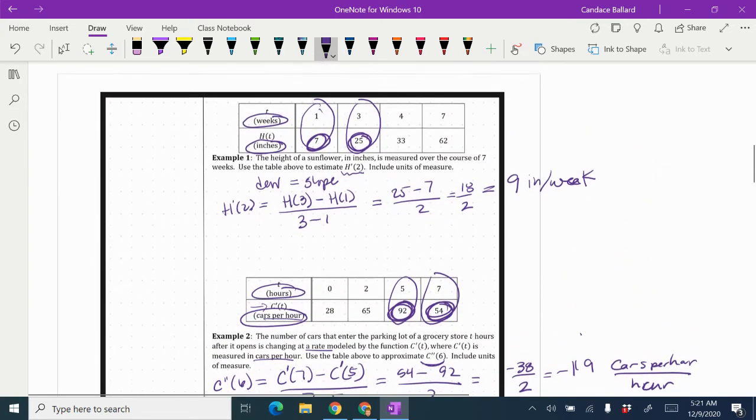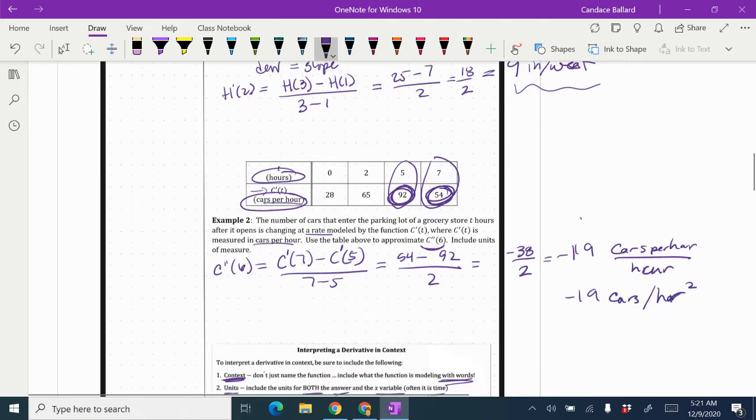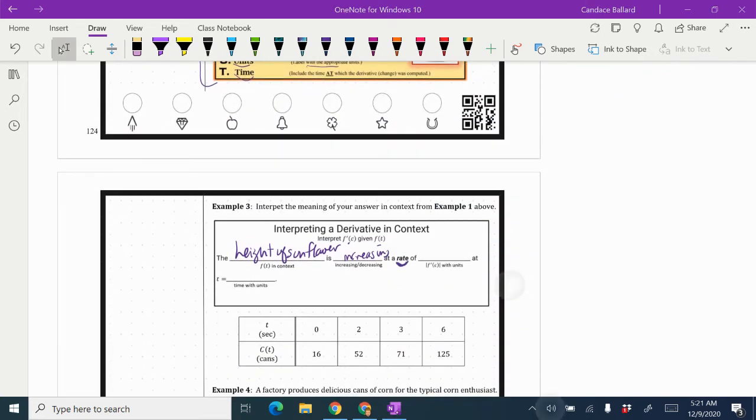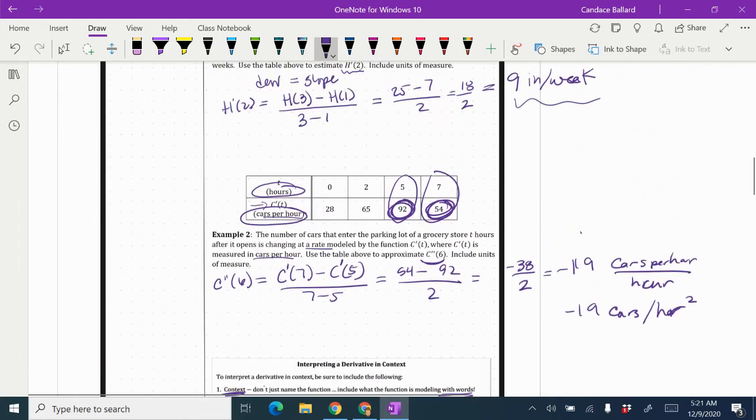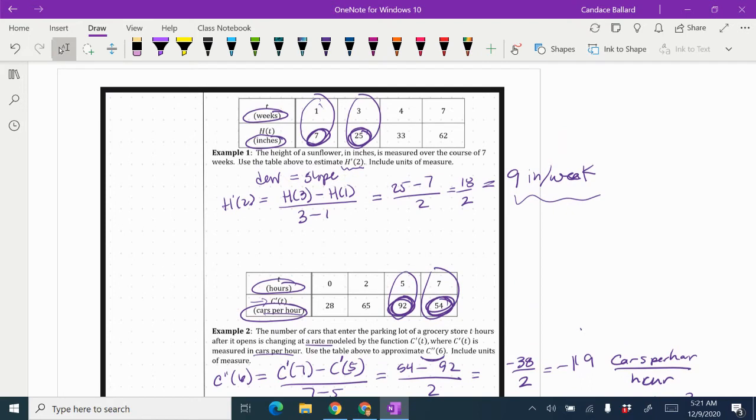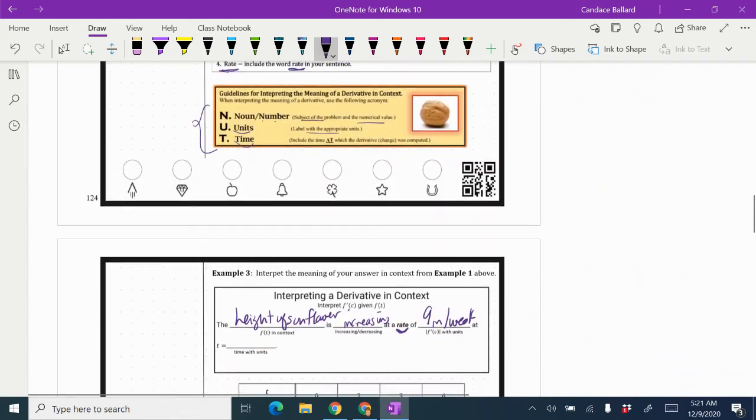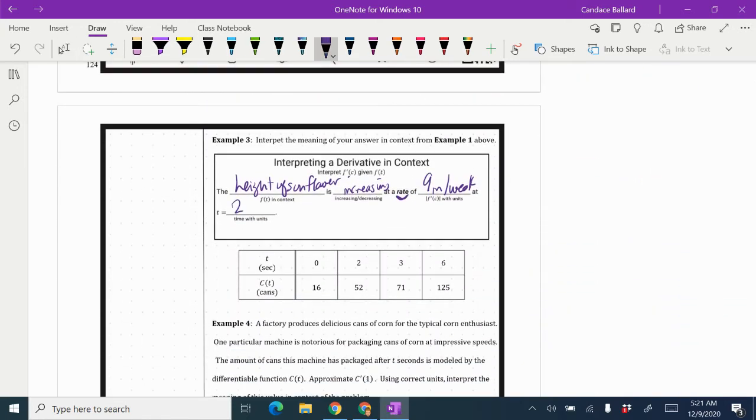If I went back and looked, it's 9 inches per week. So 9 inches per week at time t. We have to figure out what time we were at. They specifically wanted us to do this at time t equals 2, and that was in weeks. So at time t equals 2 weeks.